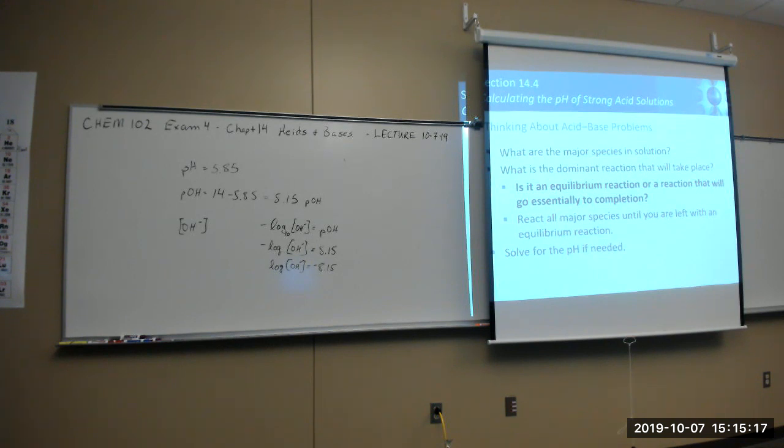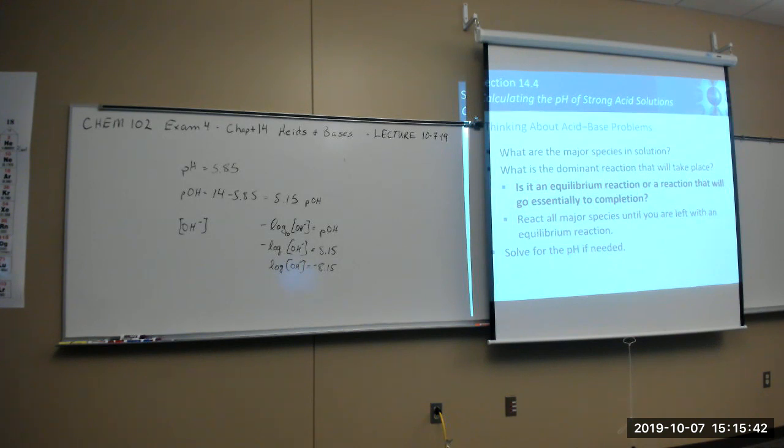Okay, so we're going to get into calculating concentrations in solutions of weak acids. Let me see what we got to do next week, if it's going to be short enough. It's basically talking about buffers.